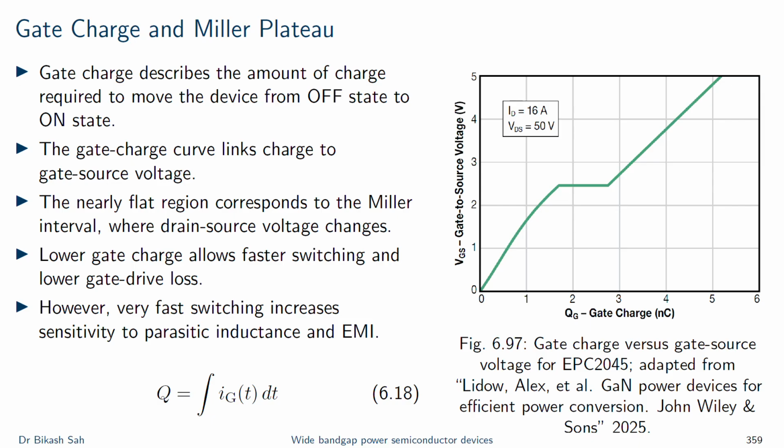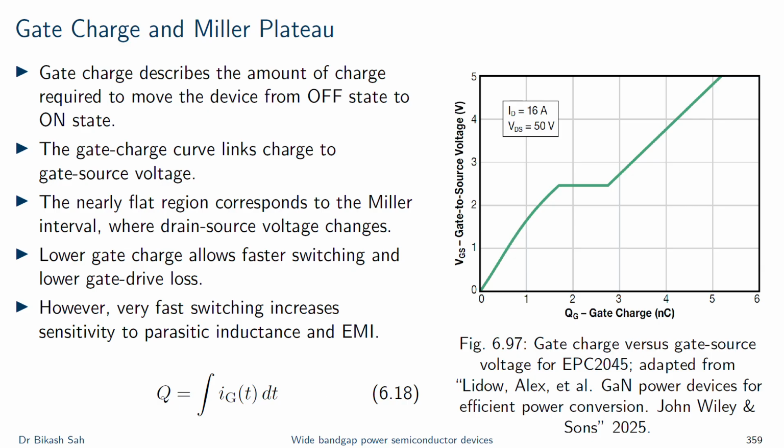Gate charge tells us how much charge the gate driver must deliver to the device when it's turned on. It is basically the integral of the gate current over time. That's what you see in this equation, right? So Q is equal to the integration of IG dt. The gate charge curve links charge to the gate source voltage.